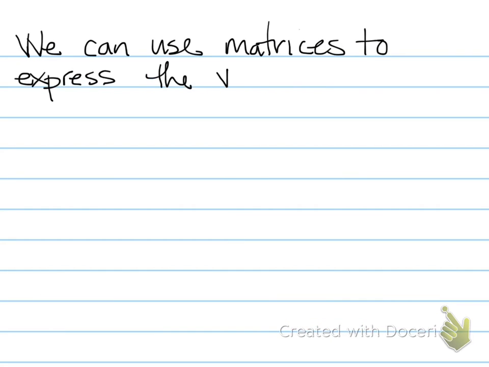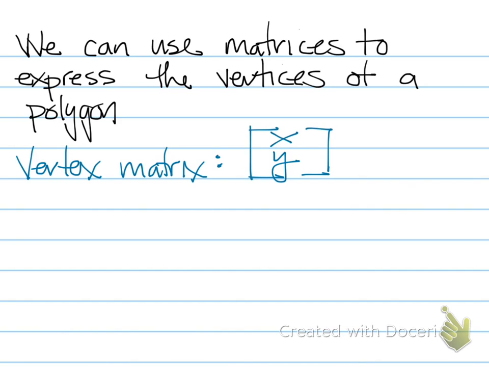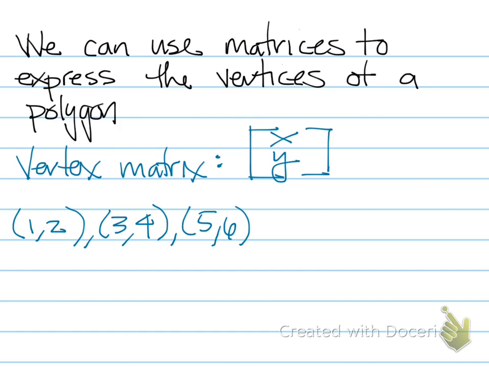Now we can use matrices to express the vertices of a polygon by writing the coordinates as a vertex matrix. When we write a set of coordinates as a vertex matrix, we put the x coordinates at the top and the y coordinates at the bottom.